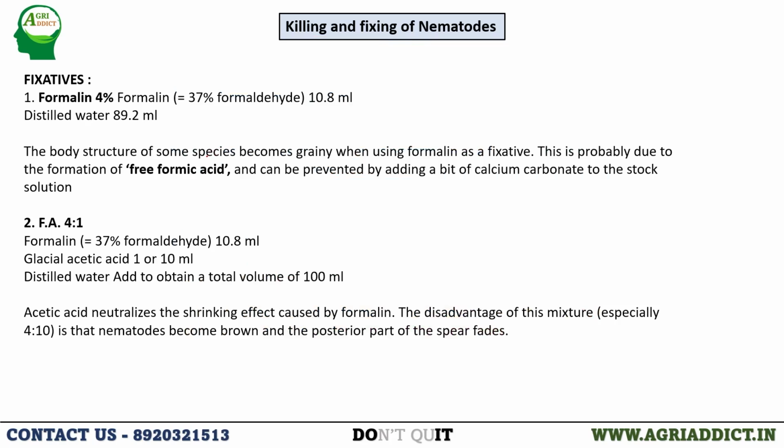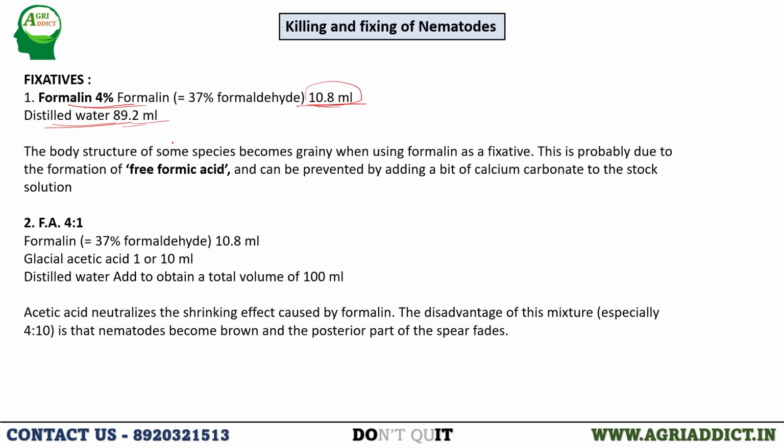Other than formalin, these are fixative agents used for fixing nematodes. You have seen 4% formalin used as a fixing agent. It is prepared by dissolving 10.8 ml of formalin in 89.2 ml of distilled water: out of 100 ml, 10.8 ml is formalin and the remainder is distilled water.